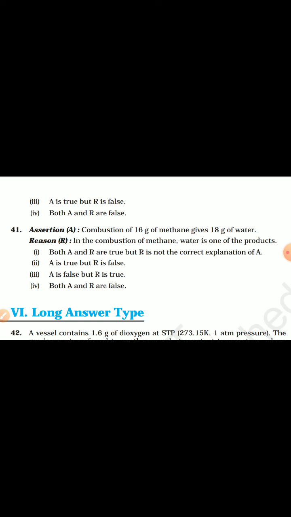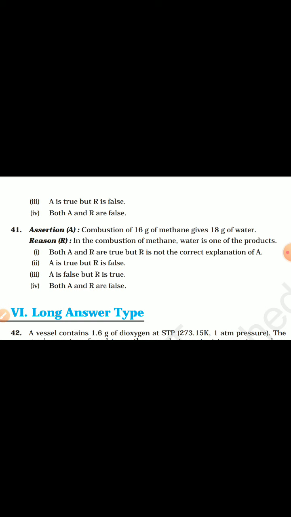So here, 16 grams of methane on combustion does not give 1 mole of water, because it gives 2 moles of water. So A is the wrong assertion.